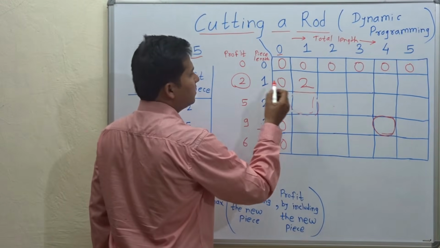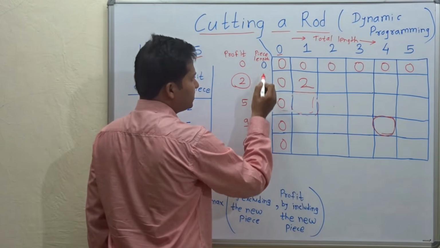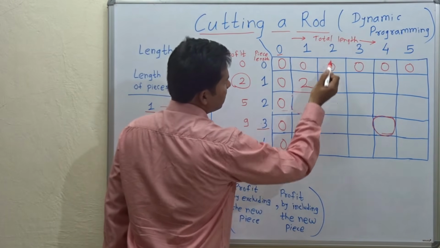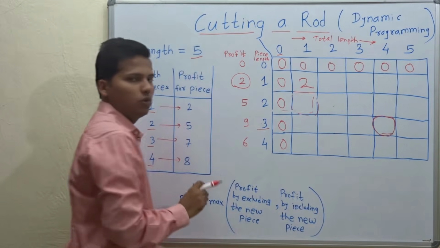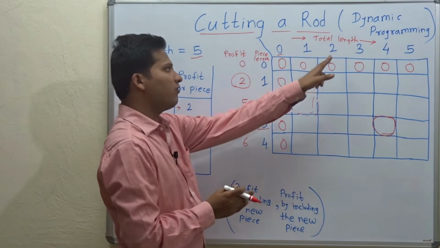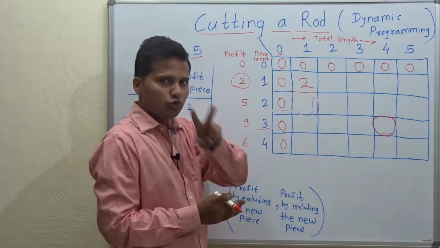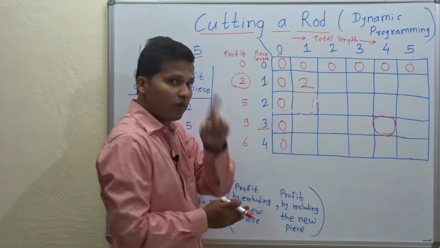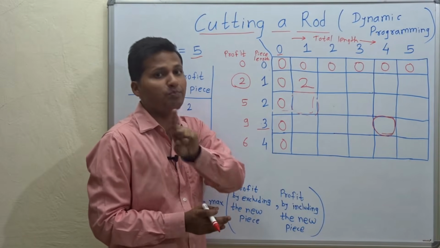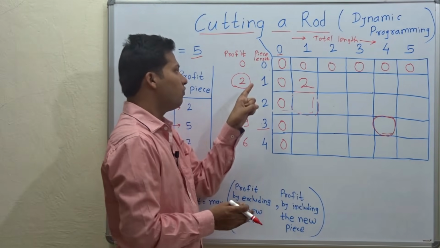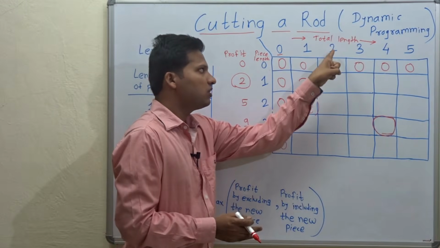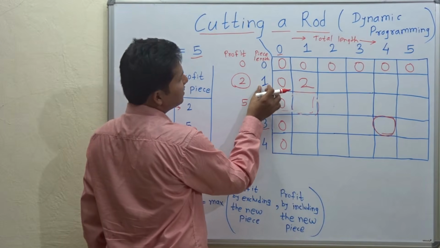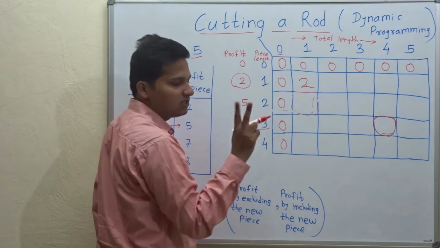Okay, let's go ahead. If you have a piece of length 1 and you want to make a total length 2, means you have a rod of total length 2 and you are allowed to make pieces of length 1. So how many pieces will you need? 2 pieces.